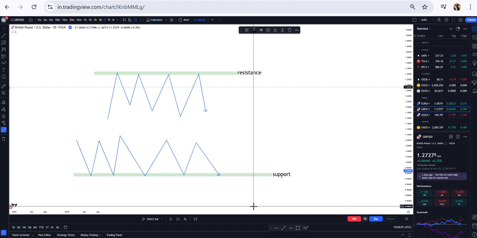Now, one thing you need to note is that the more times price touches a resistance or a support zone, the weaker it gets. It's just like when you are throwing a ball at your ceiling, hitting your roof repeatedly. What happens at the end of the day? It gets broken.